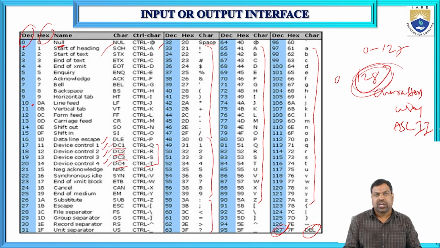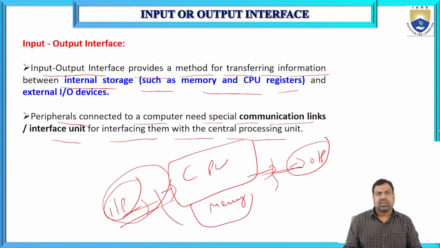We are using them through the keyboard to the CPU. And input output interfacing is the method for transferring information between the internal storage such as memory and CPU registers and external input output devices. So peripherals connected to your computer need special communication links or interface units for interfacing them with the central processing unit.